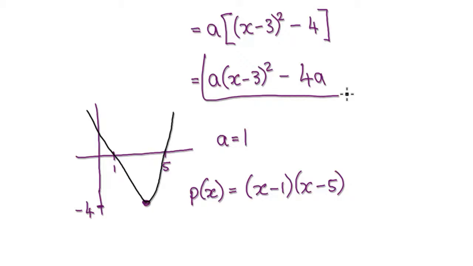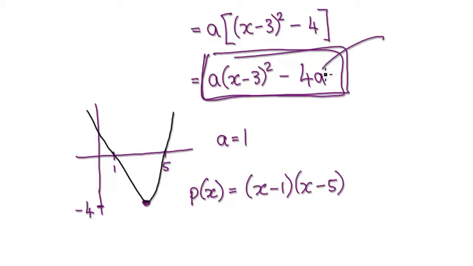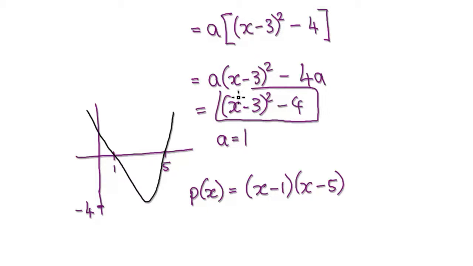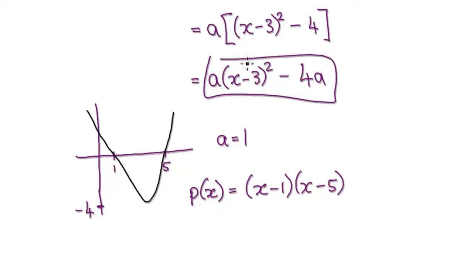I hope by glancing at this, you can see that if you put 1 into the a, it will give you this. So now you can see that you move it across by 3, and then you drag it down by 4. Once you're at this stage, I hope you can just glance at this and see that a should be +1. So this is our final answer here.